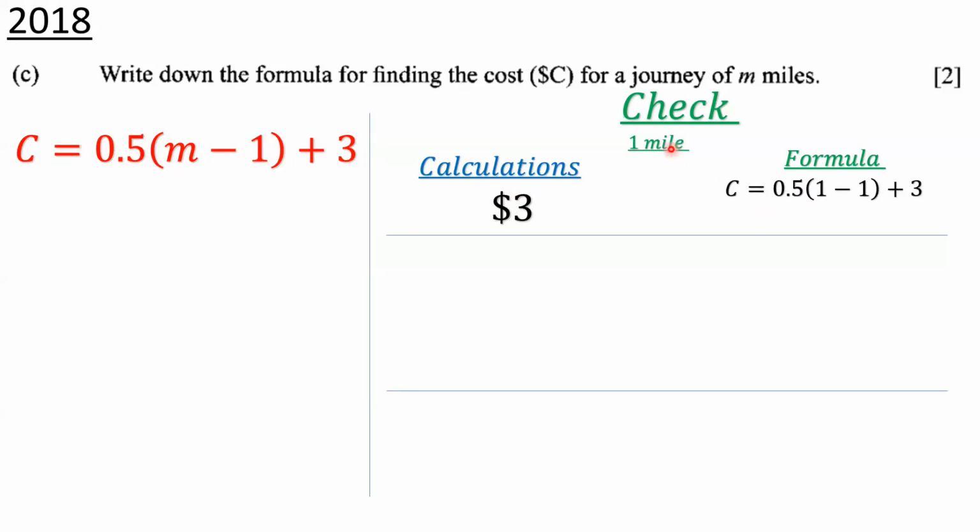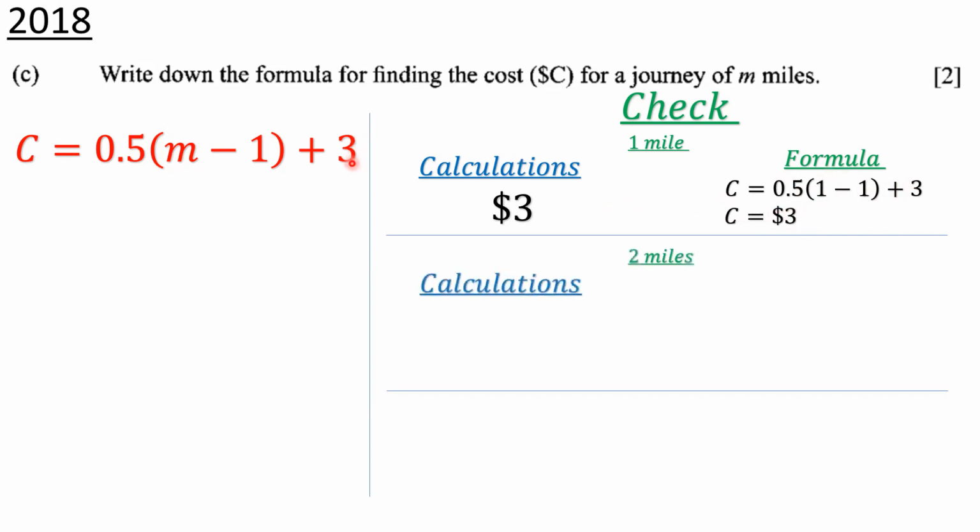It's only 1 mile, so wherever we see M, we're going to put 1. So it's 1 minus 1, which is 0, and 0 times 0.5 is 0. So the whole thing is 0, and we add a 3, so it's just 3. So for the first mile, we see that the formula holds.